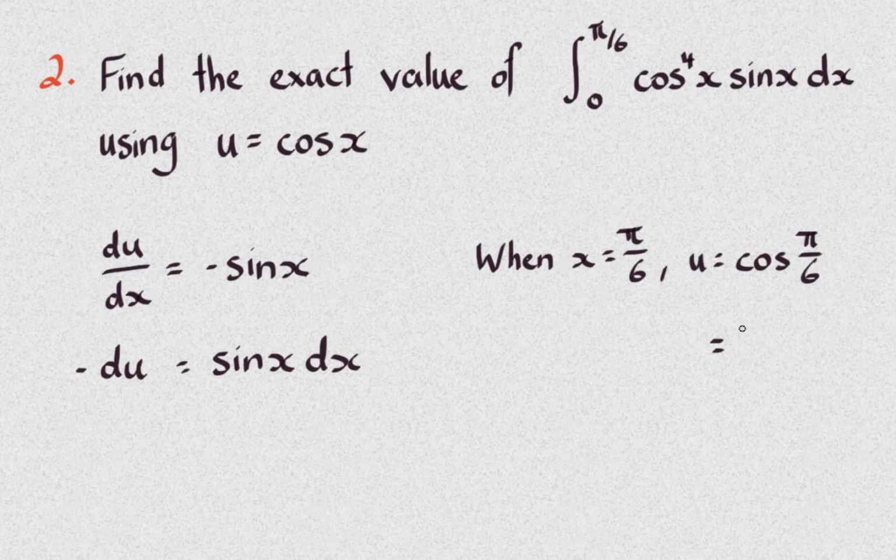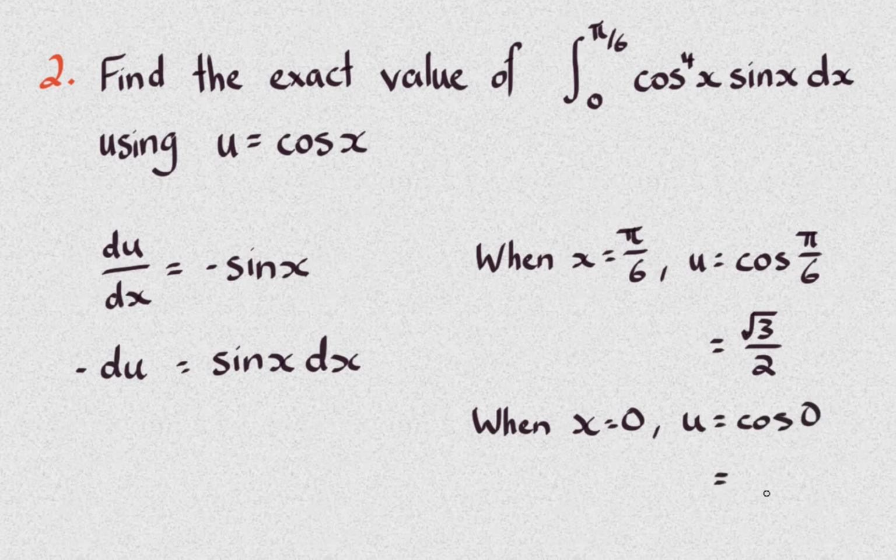Using our exact values, this is the square root of 3 on 2. And when x is equal to 0, what is cos of 0? Well, whether you use the exact values, so to speak, or you think of your cos graph, cos of 0 is 1.